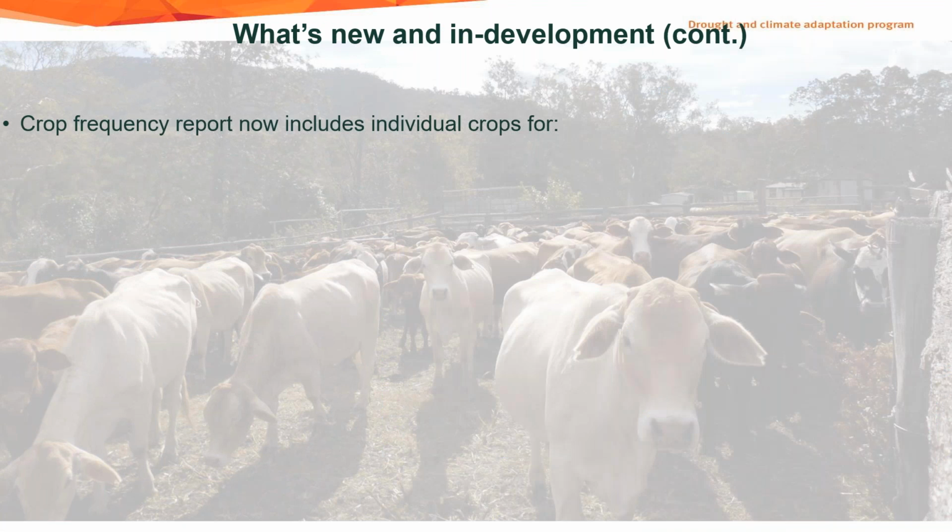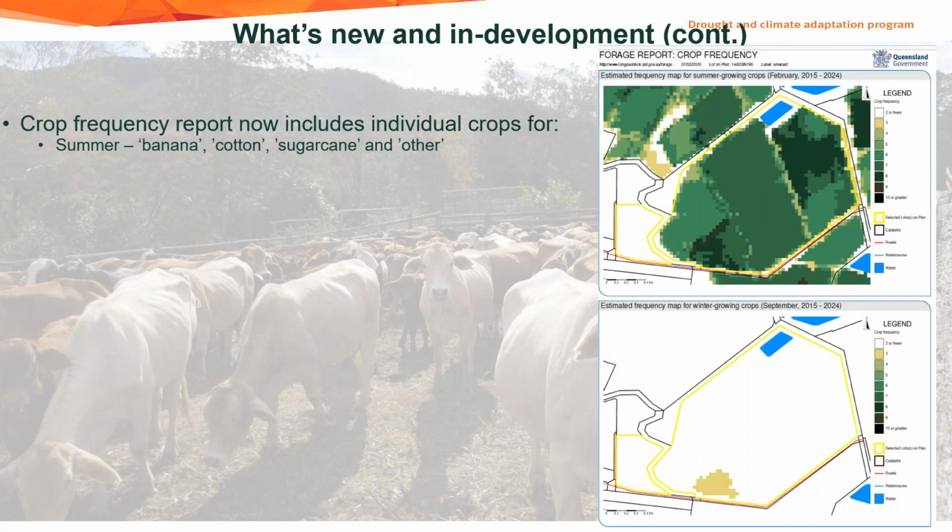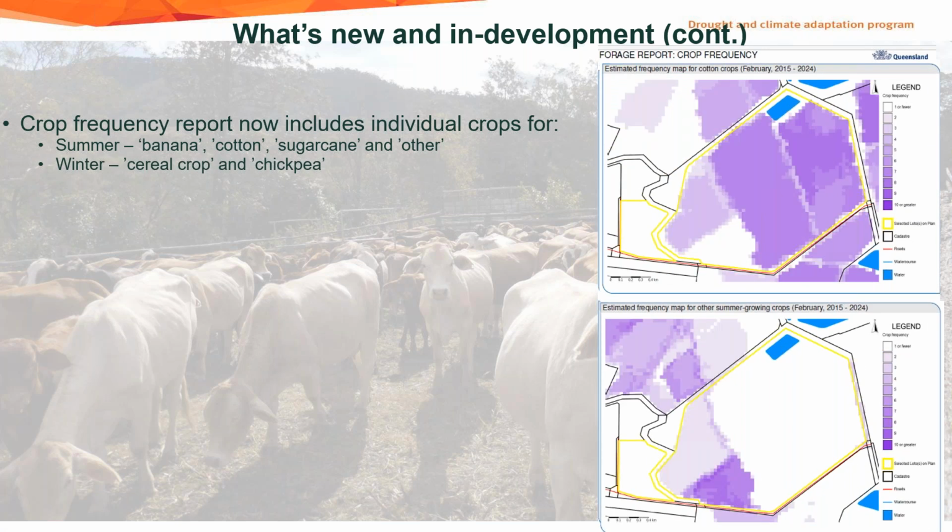Onto our crop frequency report, we've been able to include individual crops for summer, which for this property around Emerald has a cotton crop, but we do banana and sugarcane and the miscellaneous now for summer, and in winter we can break this into cereal crops and chickpea.